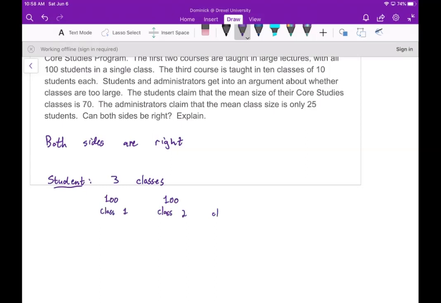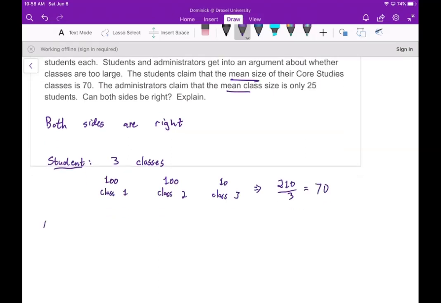And in your third class, you have 10 students. Now, again, here they're saying mean, so we don't have the way out of saying that they use different types of averages. If we take the mean of this, we're taking 210 divided by 3, and that's where the 70 comes from.